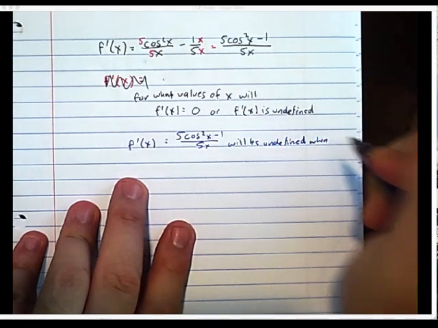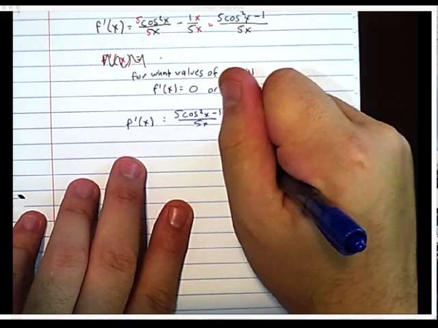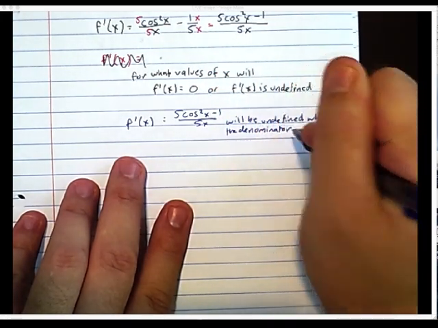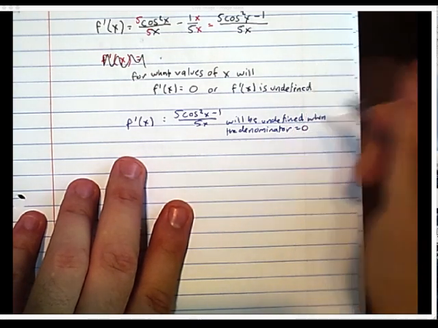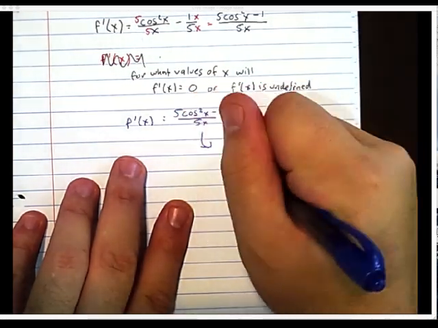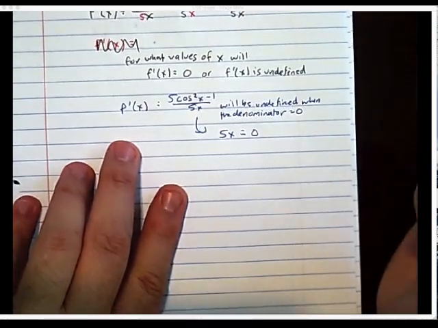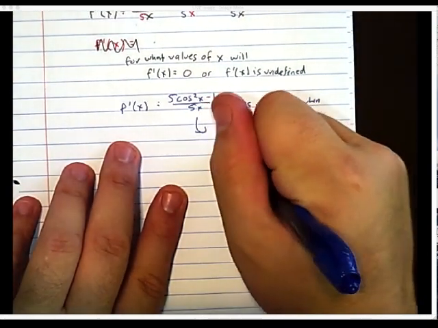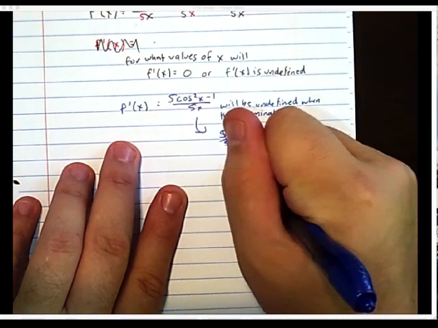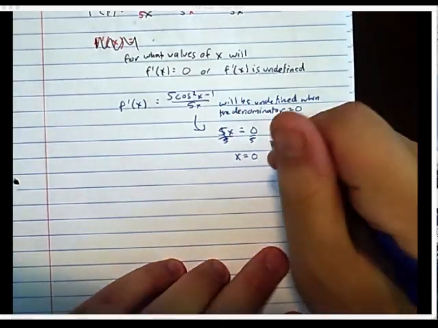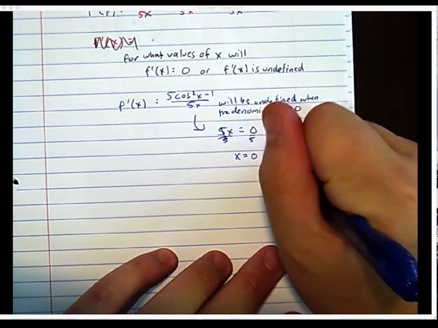When the denominator equals 0, because you're not allowed to divide by 0. So if 5x equals 0, then f prime is undefined. If I divide both sides by 5, x equals 0 is one possible critical value.